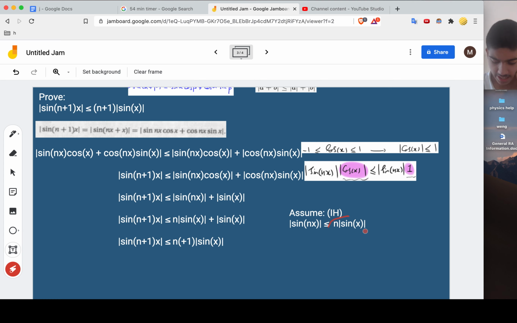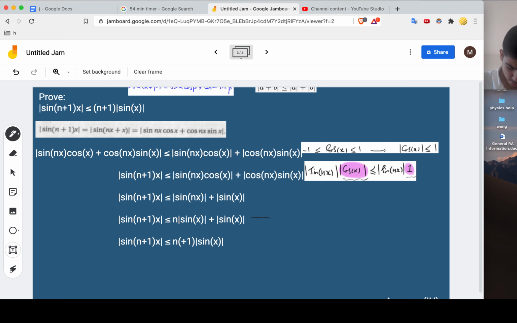Since we know that n sine x is bigger than sine nx, we're just going to replace it. We're basically making the right side bigger and bigger, and the inequality is still true. So we replace this with this because this is bigger according to our inductive hypothesis. This is the step where we apply the inductive hypothesis.